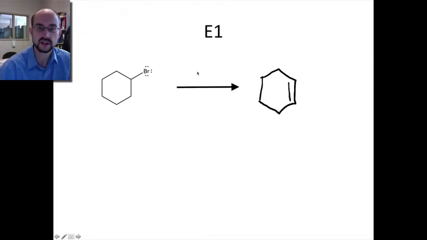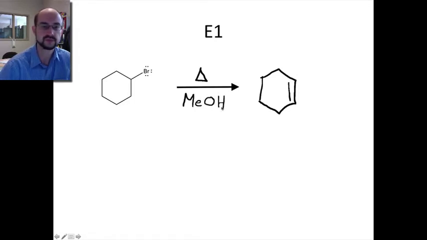The standard conditions for E1 are heat as the main thing, and then often some sort of alcohol solvent. So let's use methanol here. All right, let's go through the mechanism.